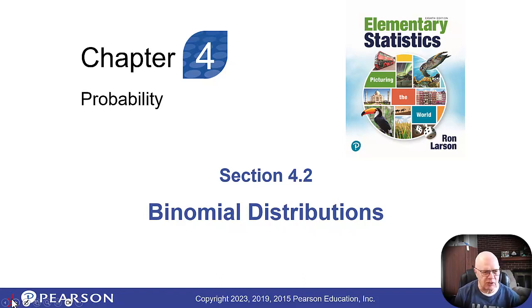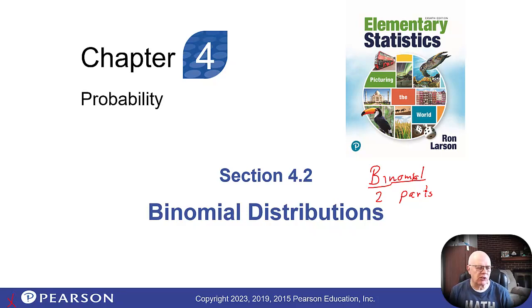It seems this word binomial does have a beginning to it. Bi means two, and nomial means parts. So we're going to talk about distributions that include two parts in it.